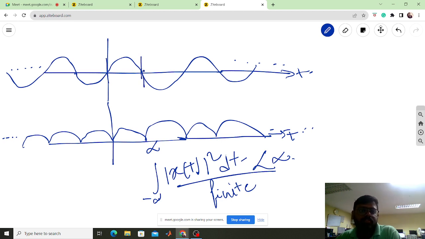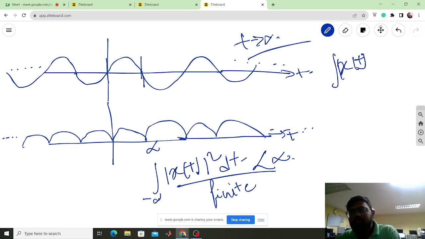It also does not converge to 0 as time progresses to infinity. So for this sort of signal we cannot calculate the energy like this. If we calculate this from minus infinity to infinity, this quantity will be equal to infinity.